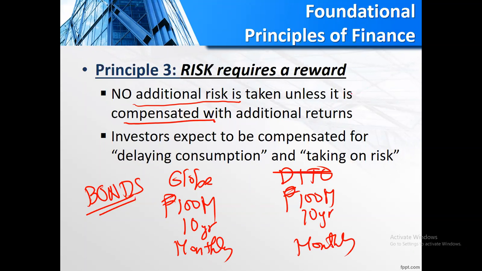Now, one of them issued a 7% bond. The other issued a 7.2% bond. Question, which company issued the 7.2% bond? Was it Globe or Dito? So may I have your responses, guys?